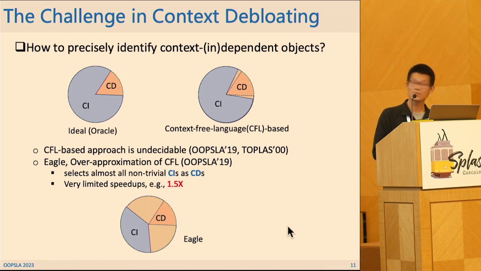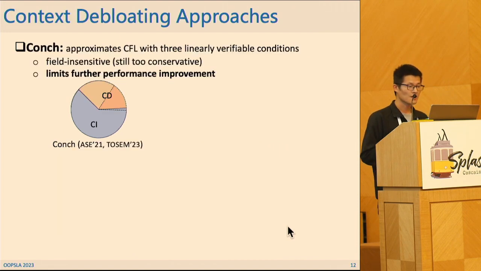And the Eagle approach, which over-approximates the context-free language, will select almost all non-trivial context-independent objects as context-dependent objects, making the technique less efficient in practice. In the prior context-debloating approach called Conch, we approximate the context-free language with three linear verifiable conditions. Although it is already very efficient, it is field-insensitive, which limits further performance improvement.